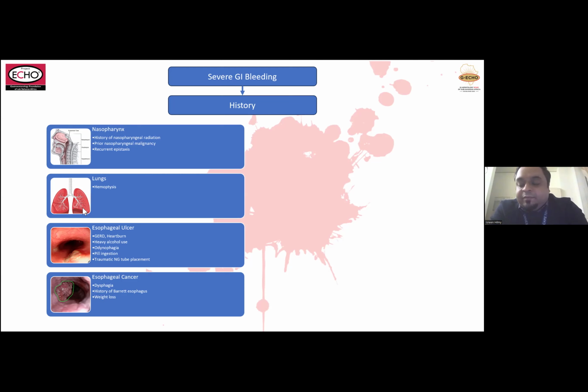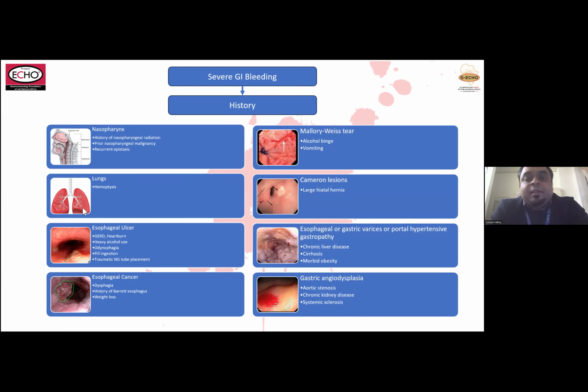Does the patient have weight loss? And if the patient had been binging and then started vomiting blood, or had repeated nausea and severe retching, one would think of a Mallory-Weiss tear. And if the patient had a history of a large hiatus hernia, we should also think of Cameron's ulcer.